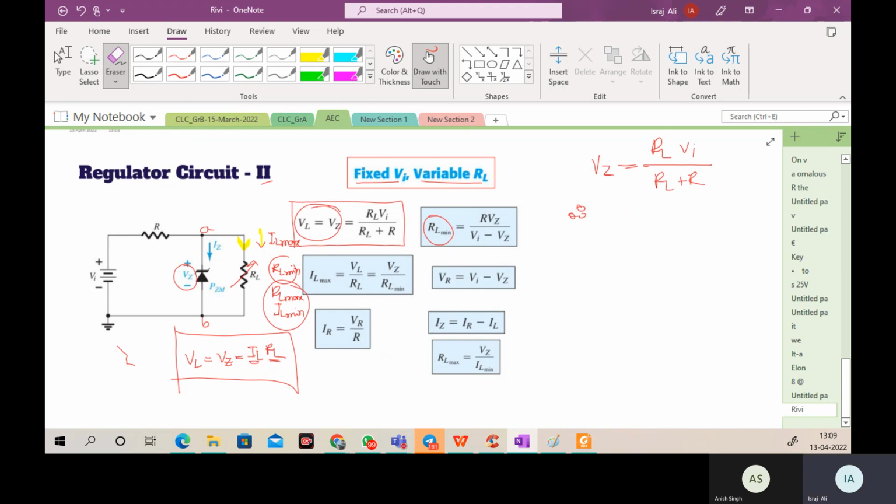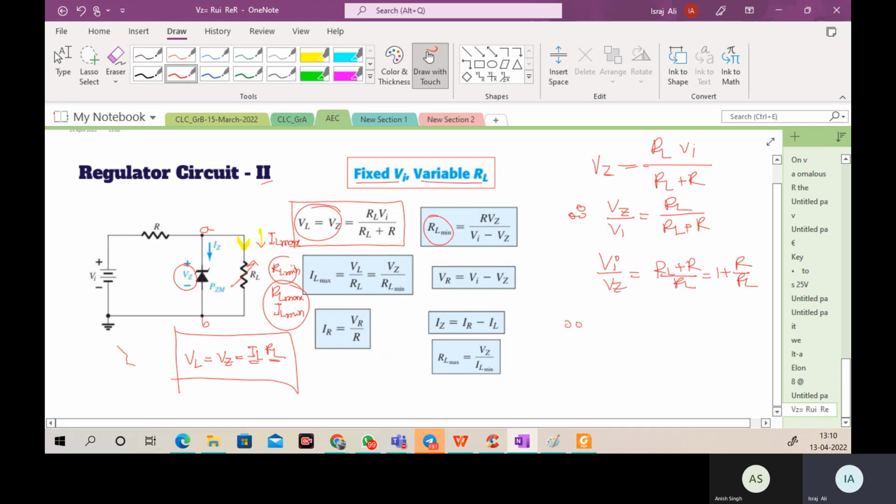So VZ by VI is equal to RL by RL plus R. So VI by VZ will be RL plus R by RL, which will be 1 plus R by RL. Therefore, what will be the RL value? The RL value will be R into VZ by VI minus VZ.